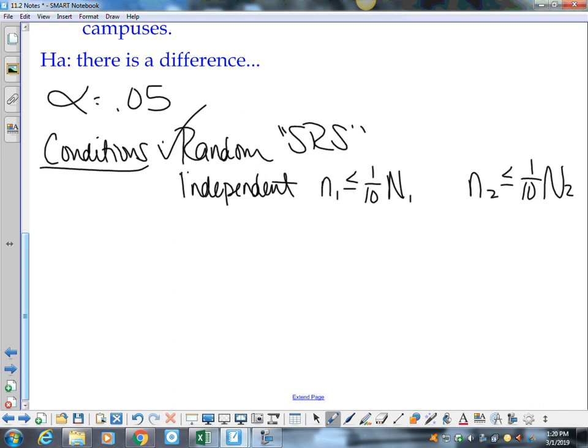How many you got on the main campus? 910. 1/10 of what?